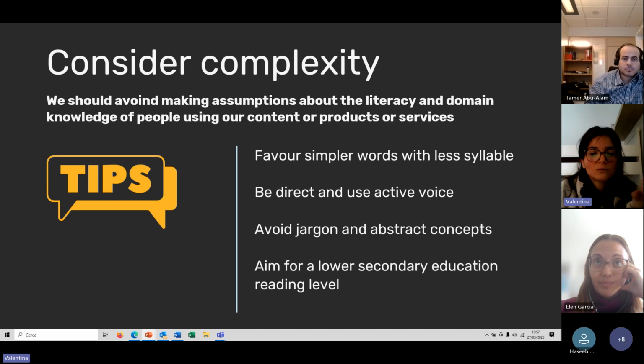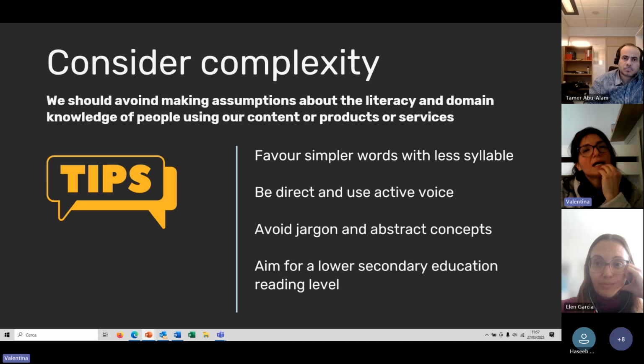We should try to be more direct and use active voice, as Tamer said. We should avoid jargon or abstract concepts, and we always have to think about the education level of the audience.